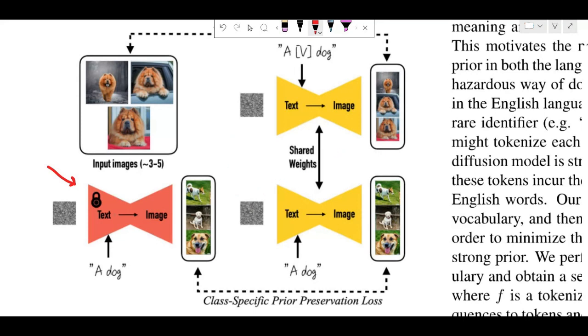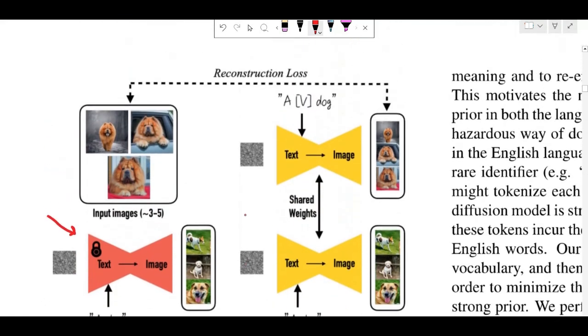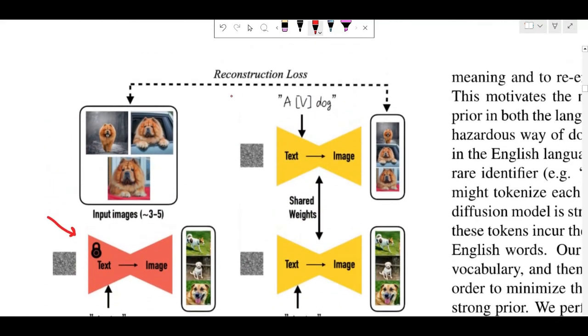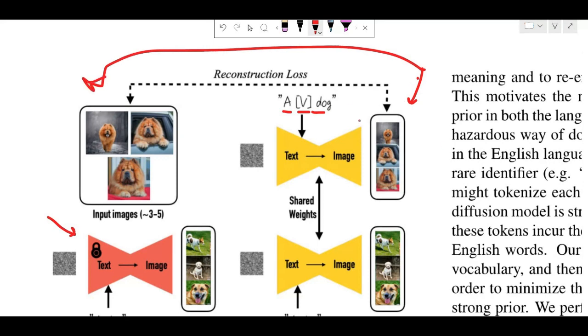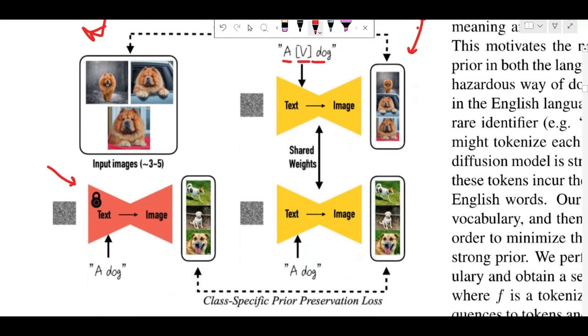Actually both of these weights represent the same thing. This is the process which they specified: they will give something like a special identifier and dog and ask the model to generate the given images. So this is how the model is being trained without the regularization: you give these special prompts and you ask the model to reconstruct the images which were given in the input samples.